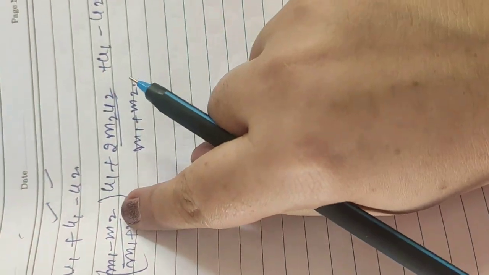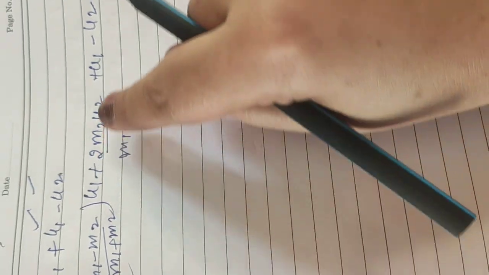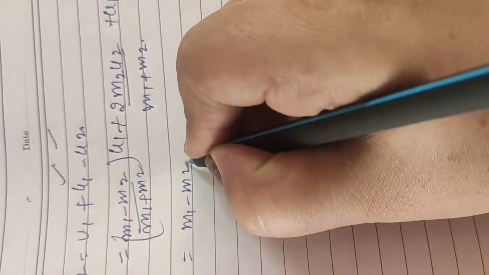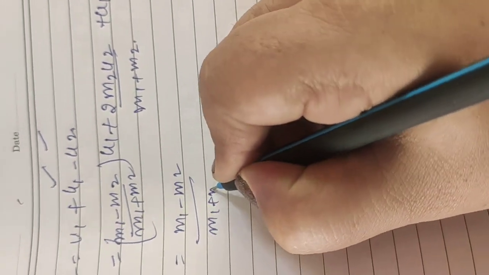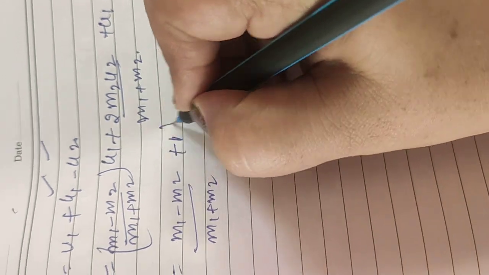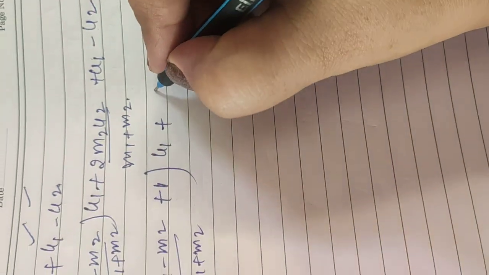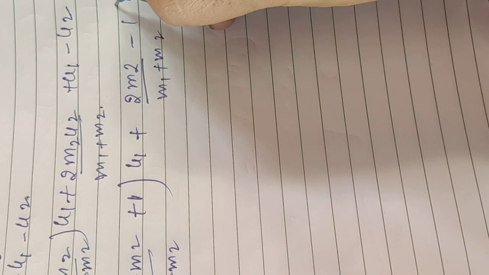Now take the u1 terms collectively and the u2 terms collectively. So this is (m1 minus m2) divided by (m1 plus m2) plus 1, with u1 taken outside, plus similarly 2m2 upon (m1 plus m2) minus 1, with u2 taken common.